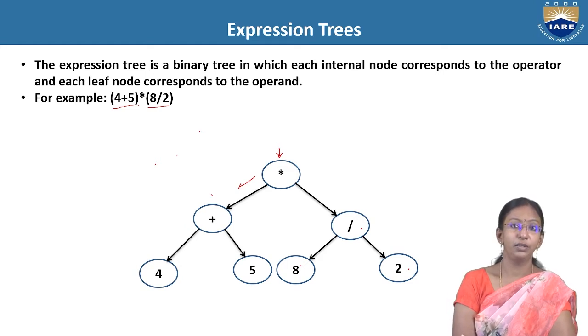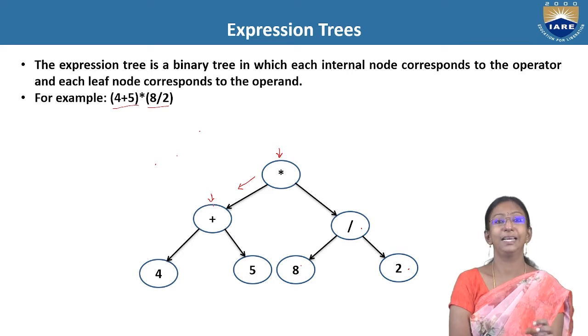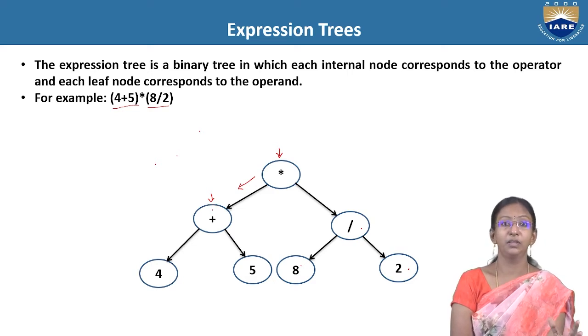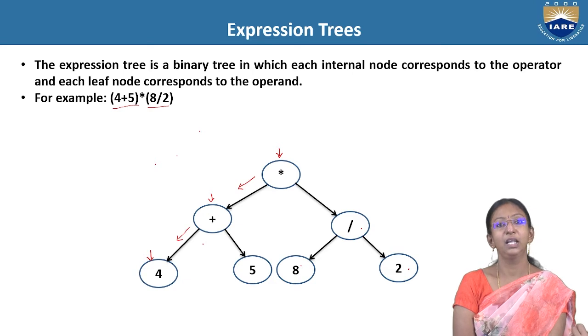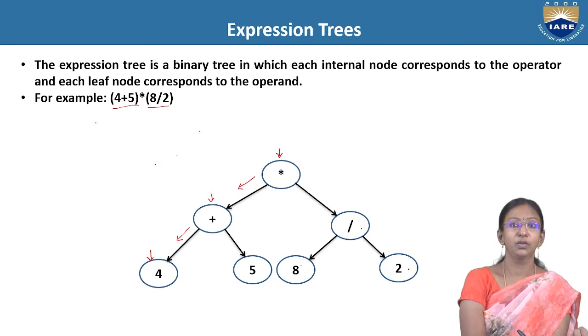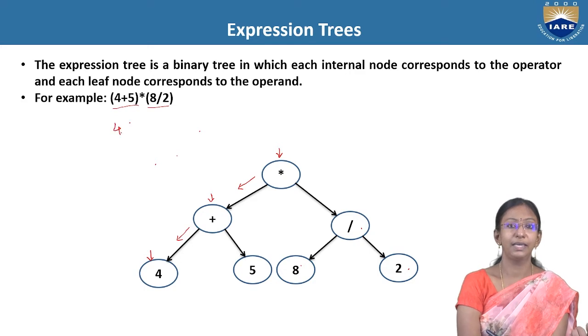We encounter addition as the root of the left subtree of the multiplication operator. As it has a left operand, I'm going in this direction, and 4, as it is a leaf node, I cannot move further in the left or right direction. So 4 is the first character.